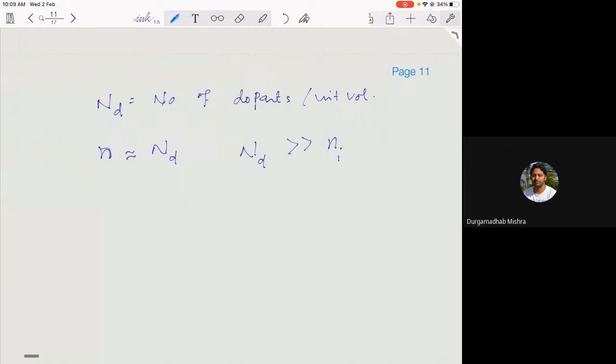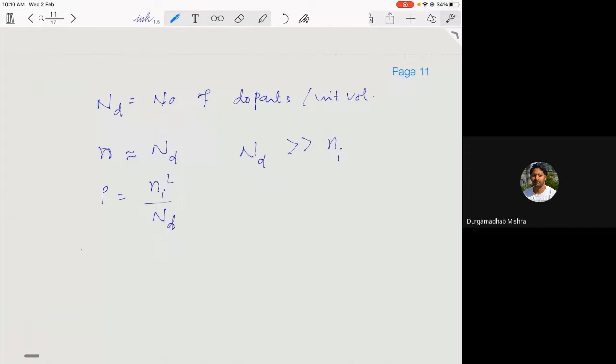So the number of electrons in the conduction band is almost equal to the number of dopants that you have in the material. And what will be the number of holes in that case? It will be Ni squared by Nd, because Ni is a constant that we will have.